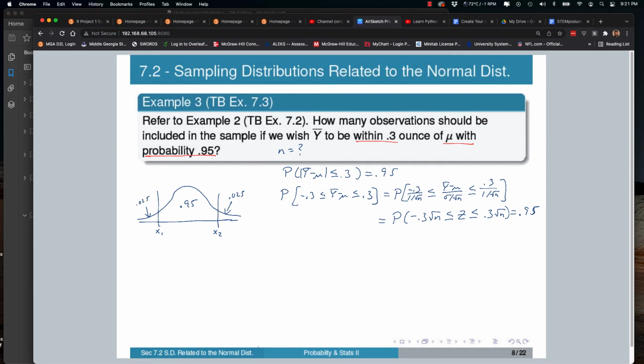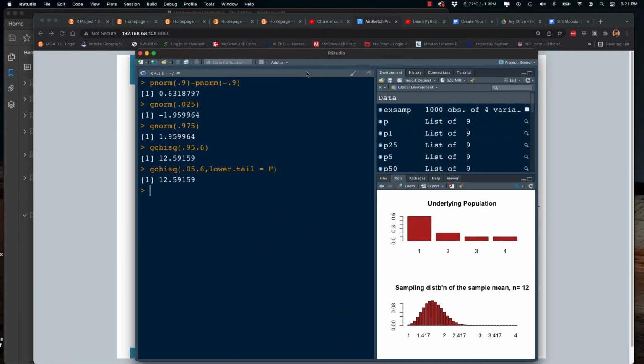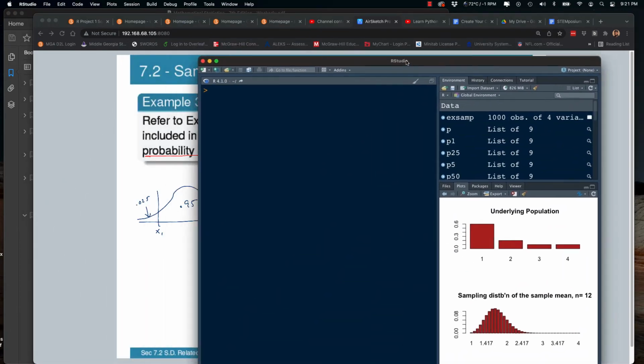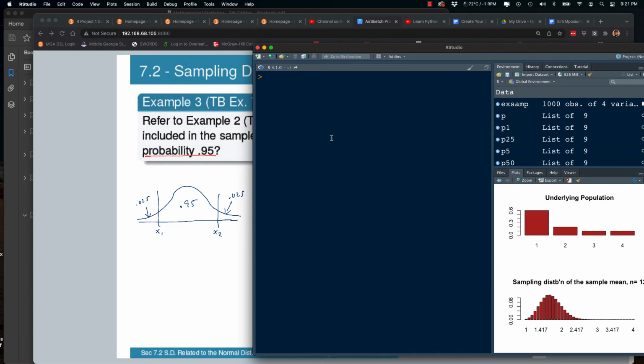I'm going to clear this out real quick, because I want to use qnorm, and I don't need to do this for both because of the symmetry of this curve. When we have a standardized normal curve, it's symmetric. So if I can find x2, I'll know what x1 is because it'll just be the negative version of x2, and vice versa.